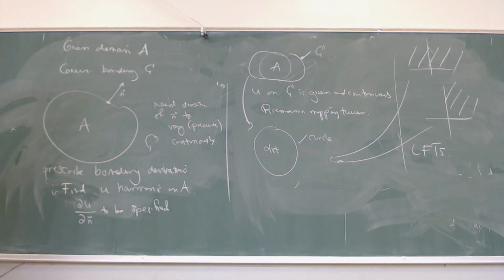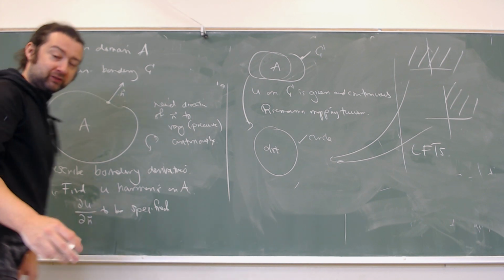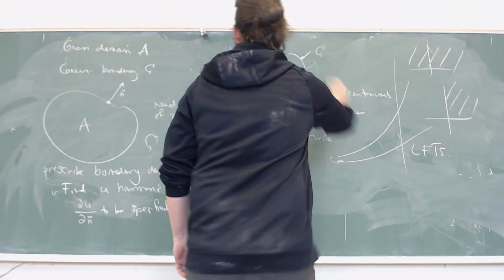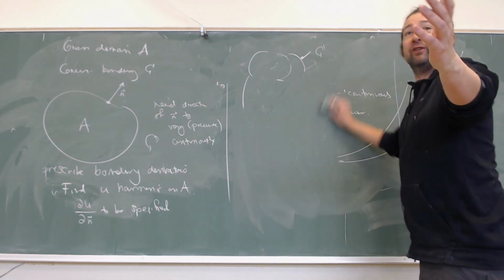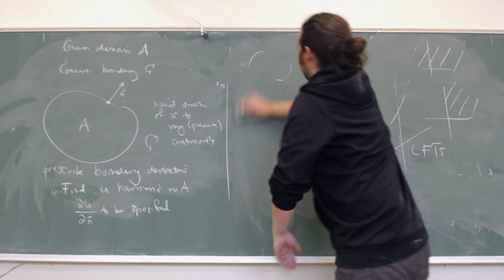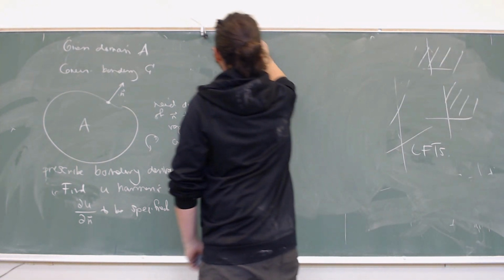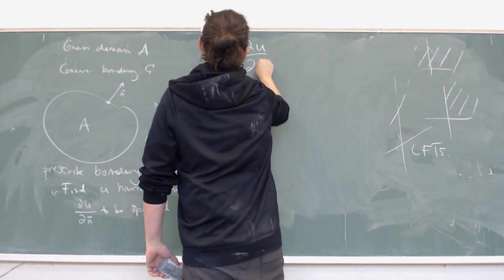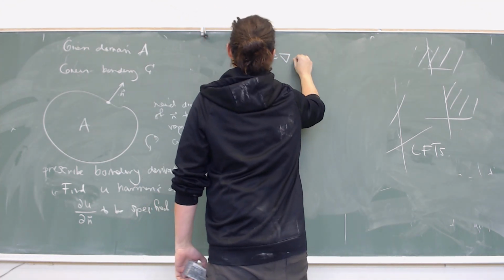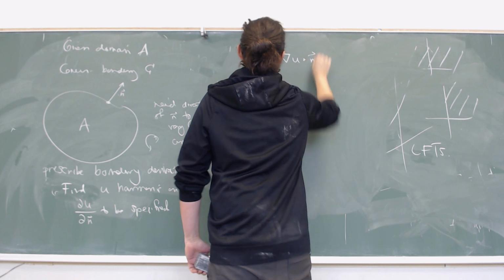Do you guys know what du/dn is? Sorry, I just realized, for many of you, maybe it's been a while since you've seen vector calculus, or never if you've avoided 304. So by du/dn, I mean the gradient of u dotted with n.